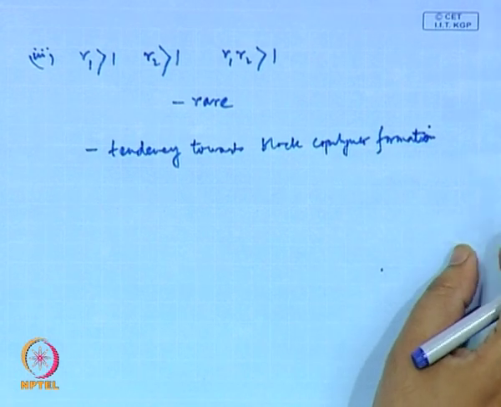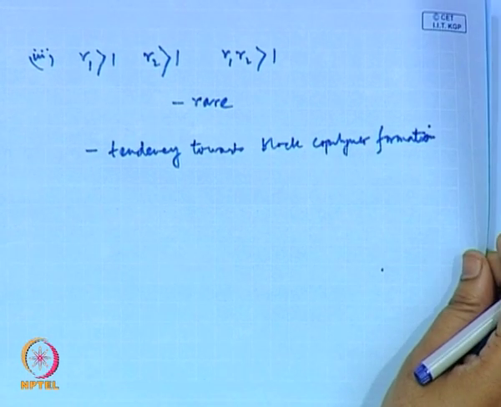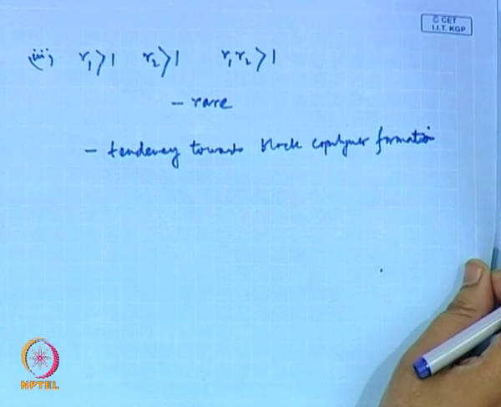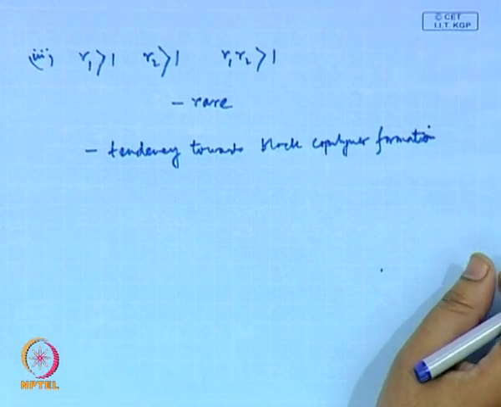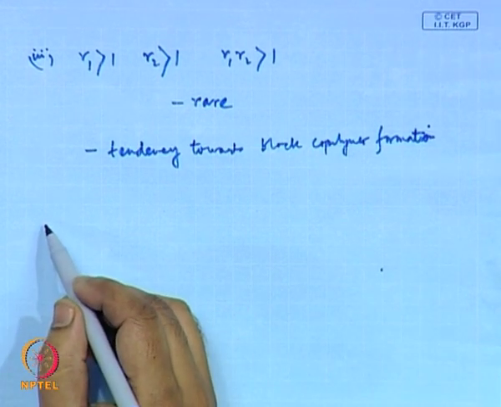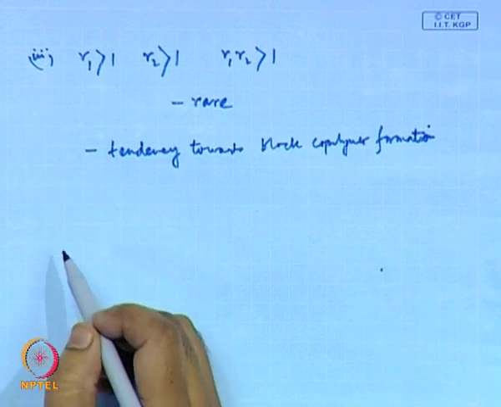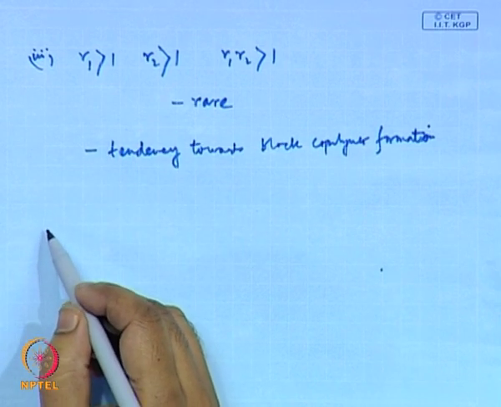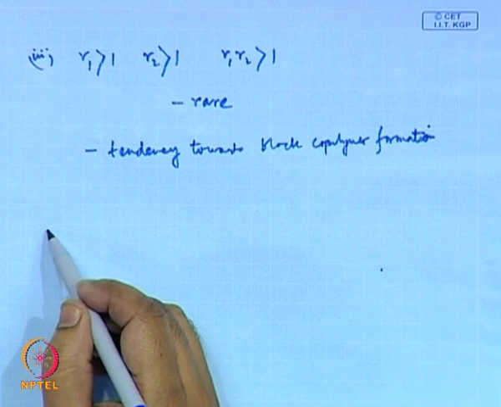So, now basically we have covered almost all possibilities of different combinations of R 1 and R 2 values, and now let us see how these different types of copolymers would result in variation in composition.